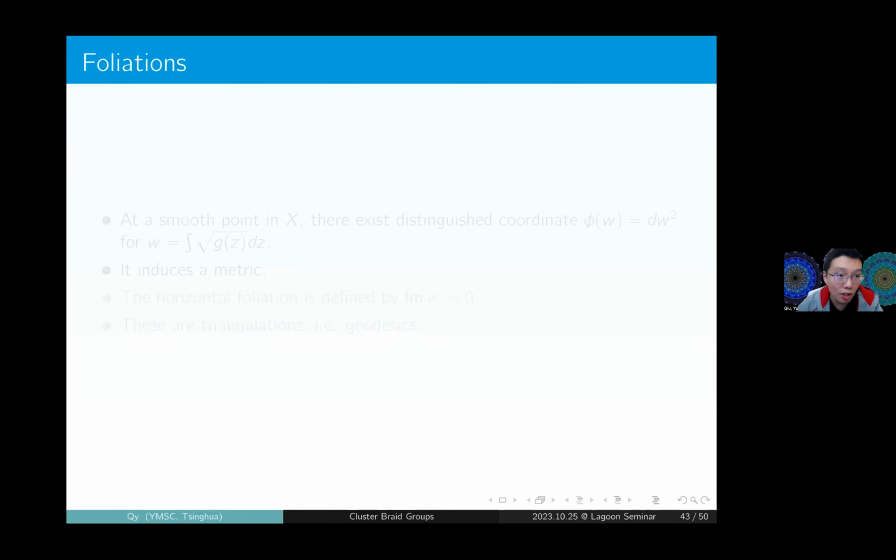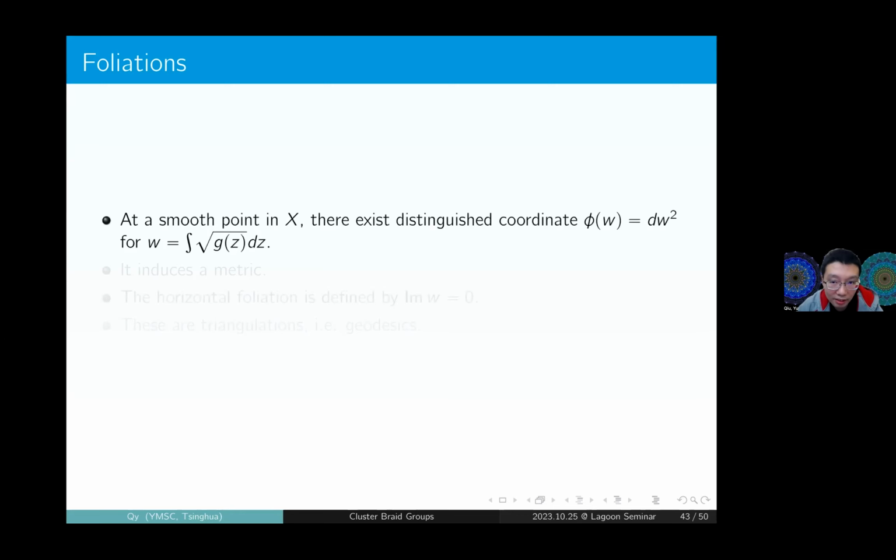And the important structure in the theory of quadratic differentials is foliation, which is that first you have this local coordinate, but you can choose a distinguished local coordinate calculated by this formula. So basically, you want to use this distinguished coordinate to write the quadratic differential just as dw tensor square.